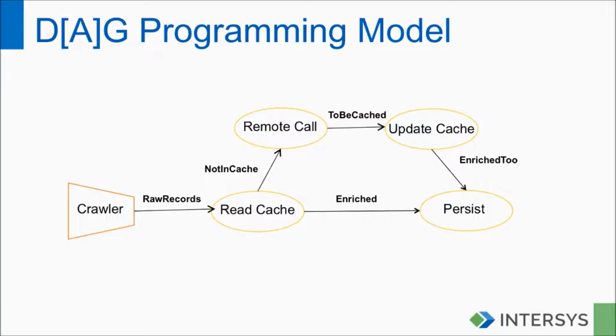But the data pitfalls I talked about before come back to complicate things even more. Let's say that when you get around to implementing the persist bolt, that's the one on the far right, you discover that you need some data that's available to the crawler spout on the far left, but you originally didn't think you needed those fields, so the spout didn't pass them along in the raw record stream.